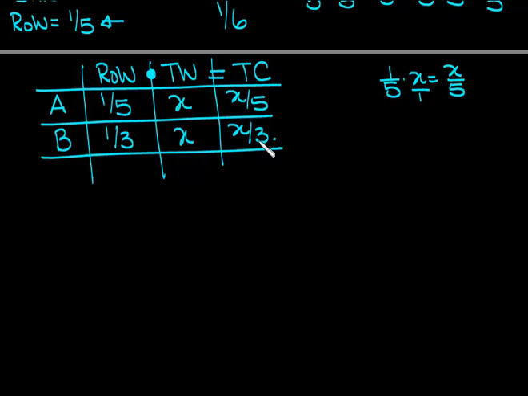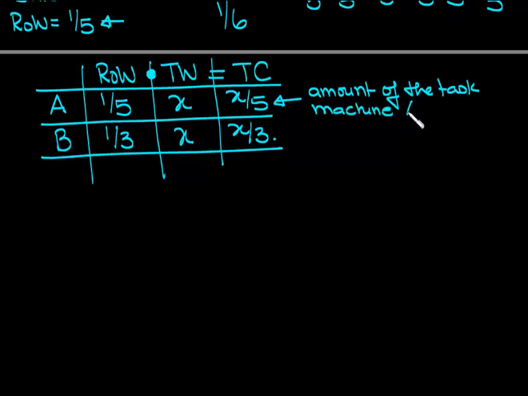Okay, so let's take a look at each of these numbers and get a better understanding of them. What does this first number represent? That is the row for machine A, and that is the column for task completed. So this represents the amount of the task machine A completed in X hours.